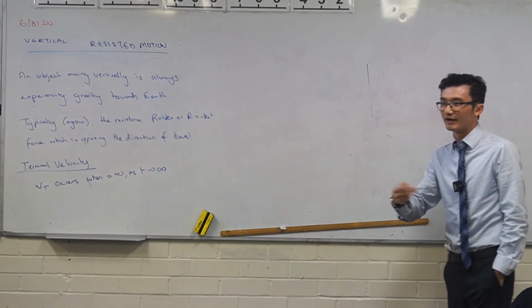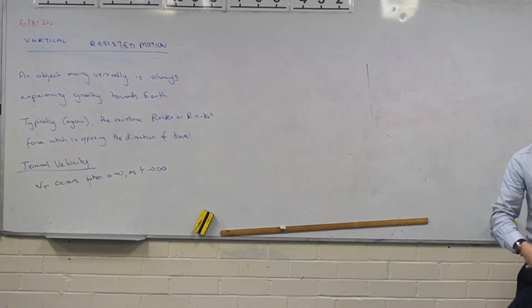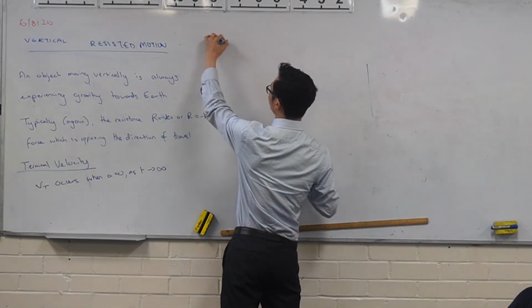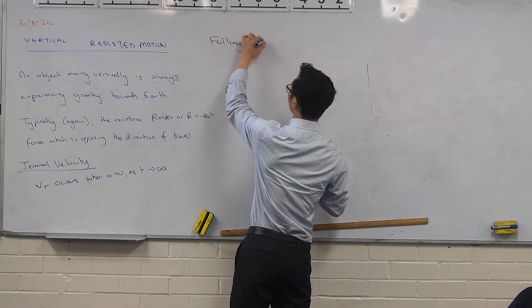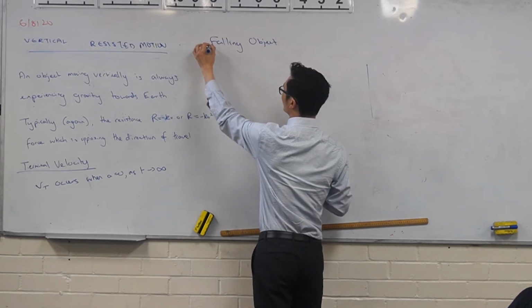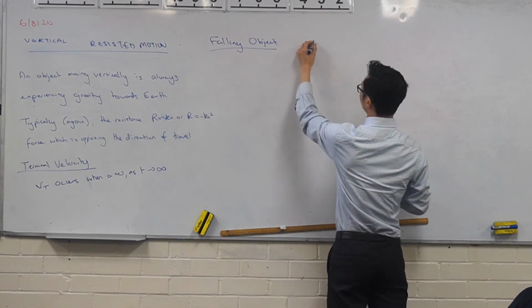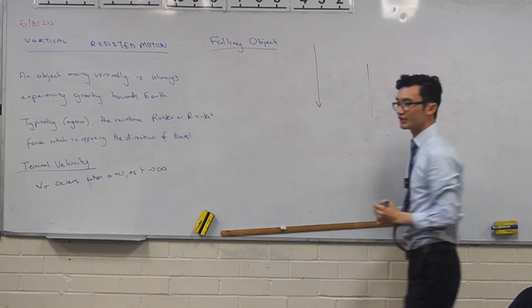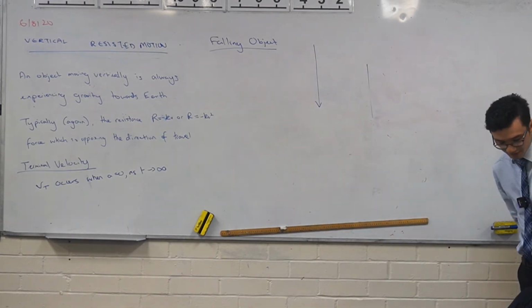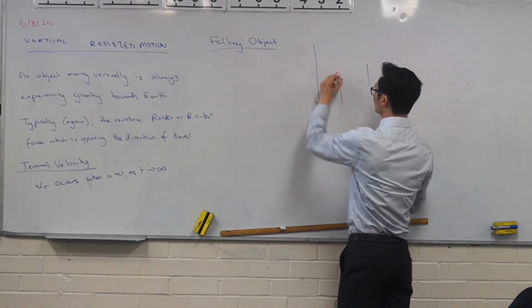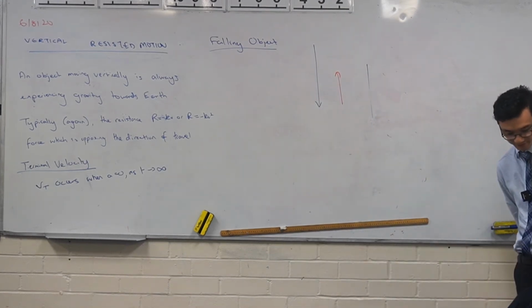So I think you can think about it diagrammatically as well, right? For example, if you have a falling object, if we think about what this will look like, we've got our object going in this particular direction, and we have the air resistance experienced as well, or whatever resistance we're looking at.